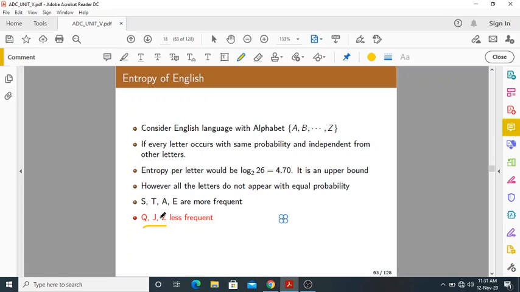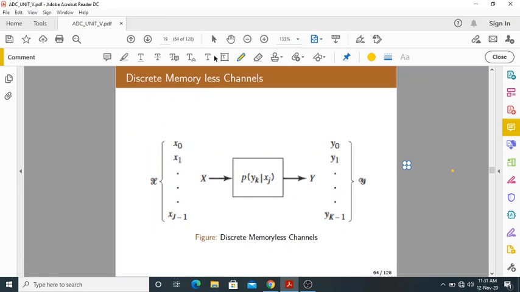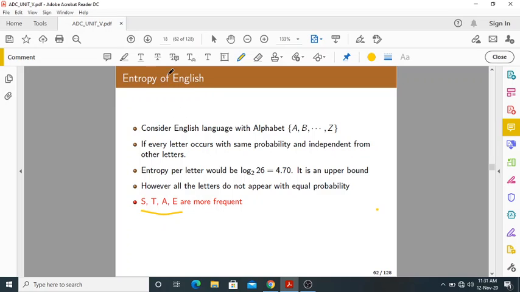The general observation is these letters occur frequently and these letters occur very less frequently. Anyway, that is about simple entropy of English. The maximum would be 4.70.